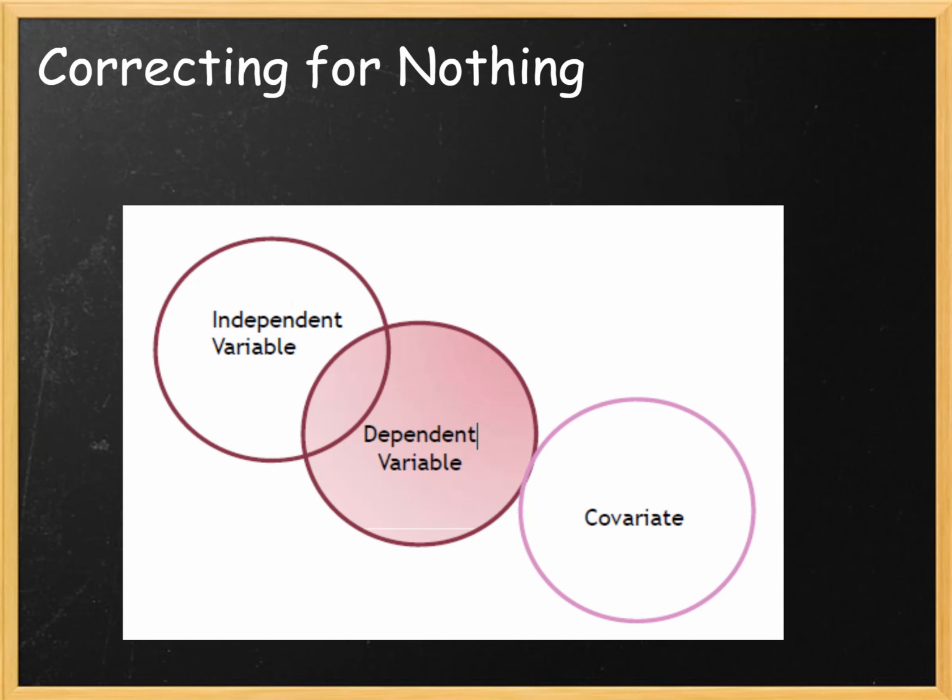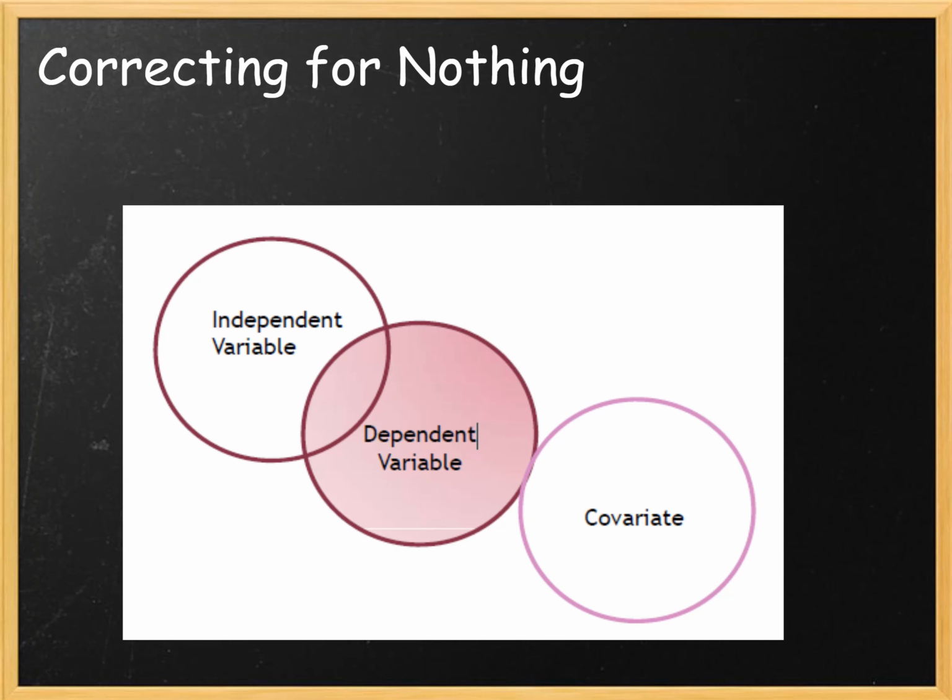And here's a less than ideal situation, a situation where it doesn't really even make sense to include the covariate in the model, is when the covariate is not related to the DV. So when the covariate is not related to the DV, including it in the analysis does very little to help and actually gives you less power to detect the IV-DV relationship, in the sense that it eats up 1 degree of freedom for you to be able to detect the IV-DV relationship.